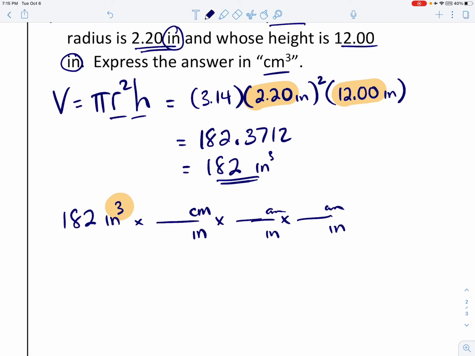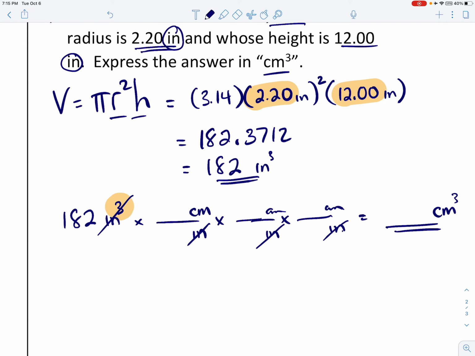We'll need to put inches 3 times on the bottom and centimeters 3 times on the top. That way we'll have inches times inches times inches, which is cubic inches, and that will now cancel with the cubic inches that we had out front. And we'll have centimeter times centimeter times centimeter. My answer will be cubic centimeters.